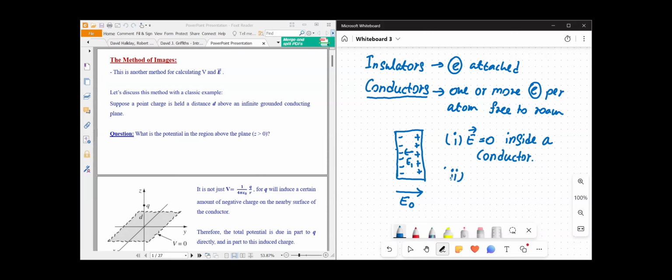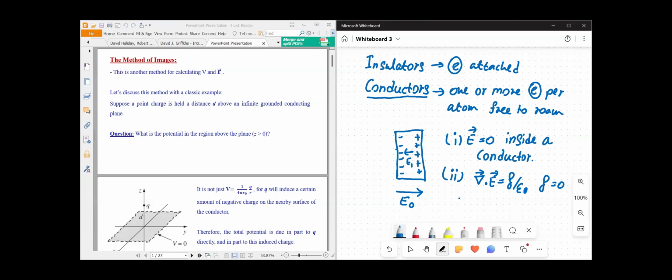Now, once the electric field is 0, we know that the divergence of the electric field is equal to rho over epsilon naught. So if E is 0, then rho should also be 0. There are charges inside this conductor, but rho equal to 0 means that with the positive and negative charges inside, the net charge density in the interior is 0.